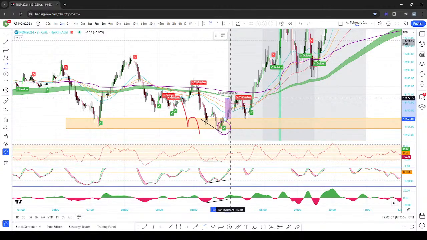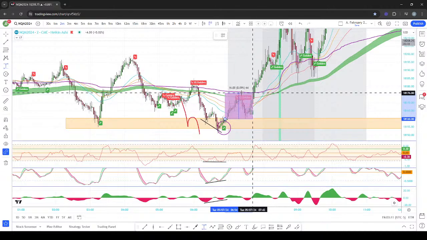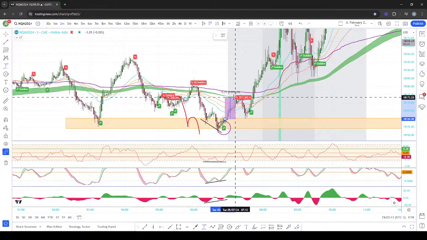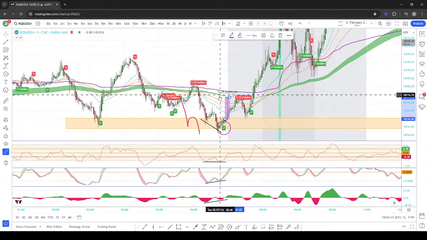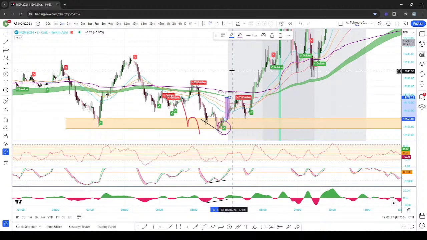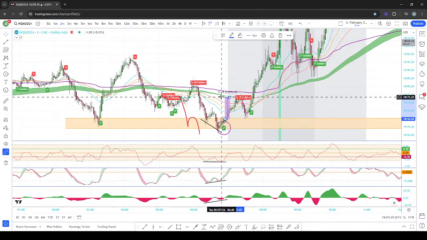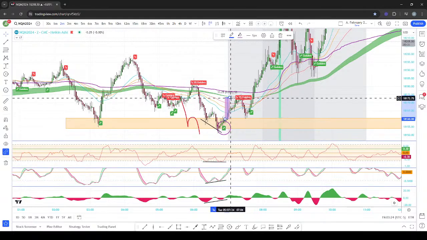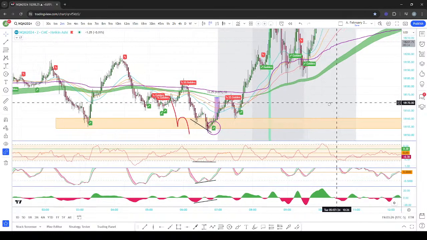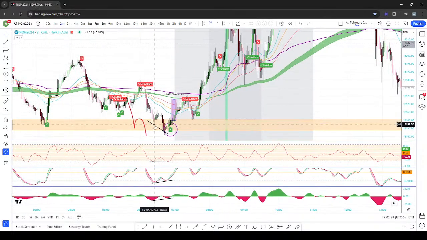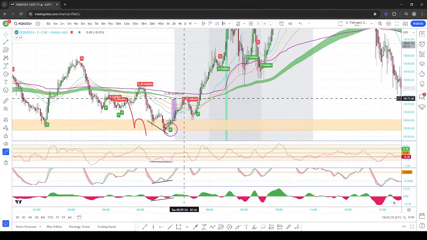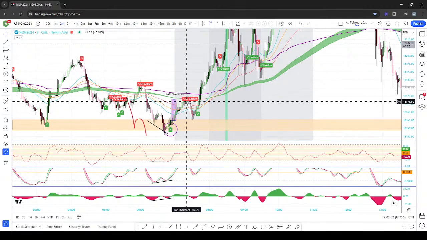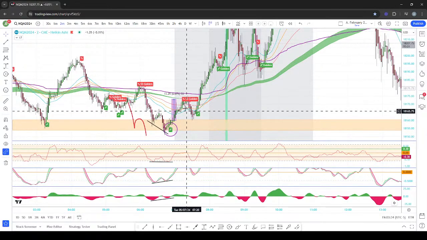So if you went right up to the cloud, or even up to VWAP over here, let's just say we went right up to the cloud, we have 13 points on the E-mini, which is $260 on a single contract right here.